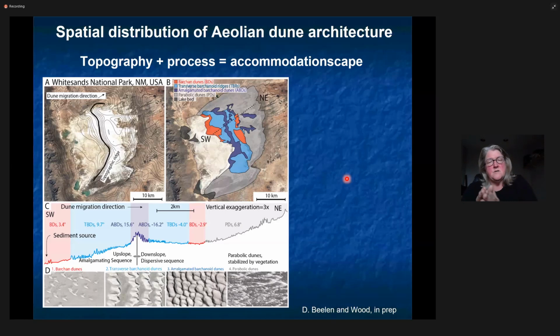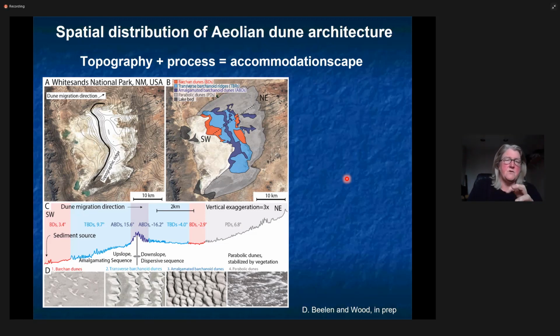I mentioned that you can have these sort of underlying structures that influence sediment waves, both in marine systems that are moving sediments through water movement or through current movement, but also, I have a PhD student, Don Beelan, and he's been doing some really good work looking at dune structures, both deep oceanic dunes and also aeolian dunes.